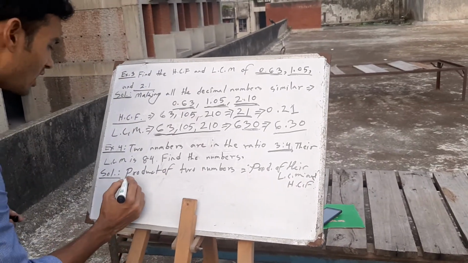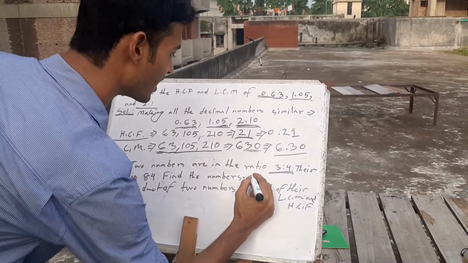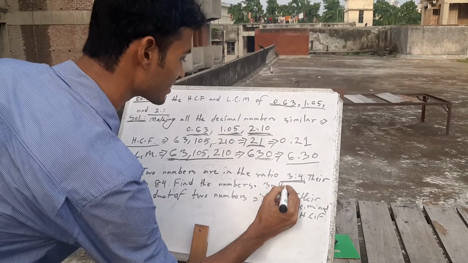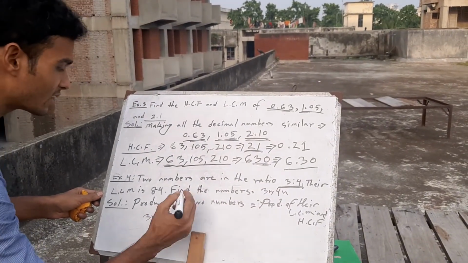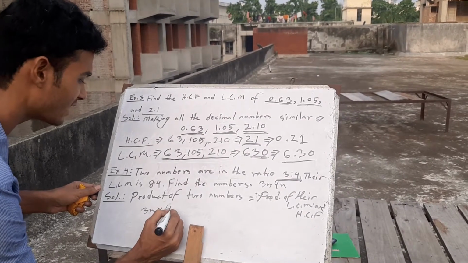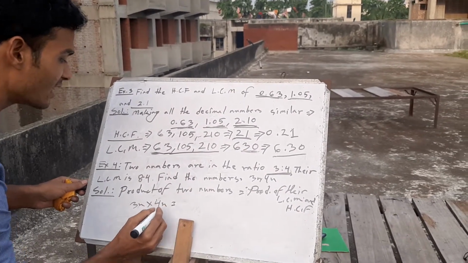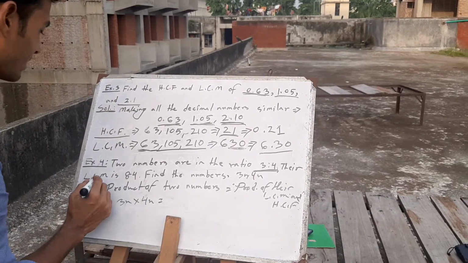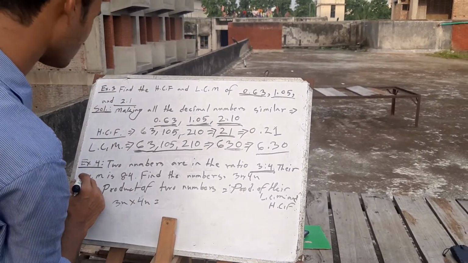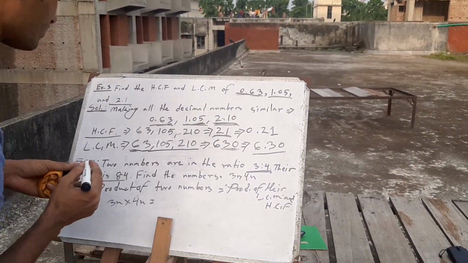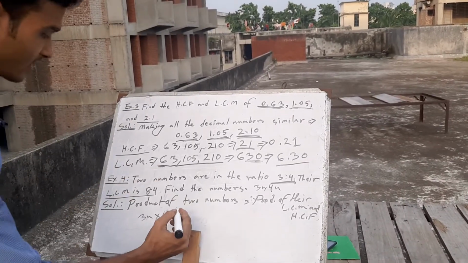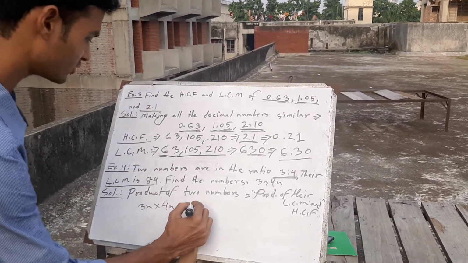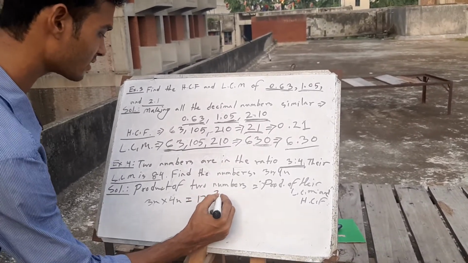So we already let our numbers be 3x and 4x. So the product of two numbers, 3x into 4x, by putting it in this equation, what we may find is our LCM will be 12x square.